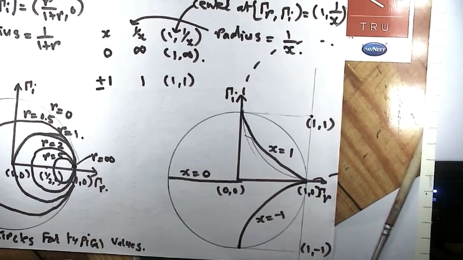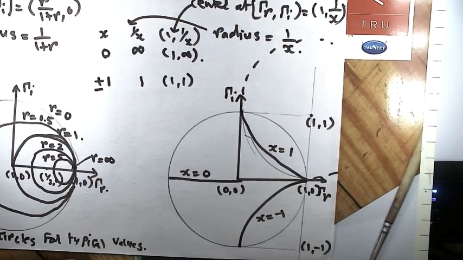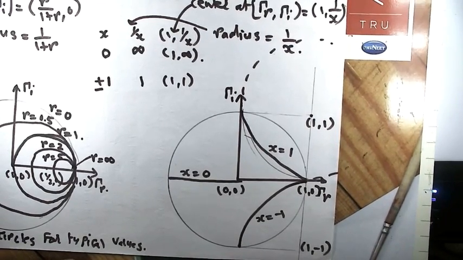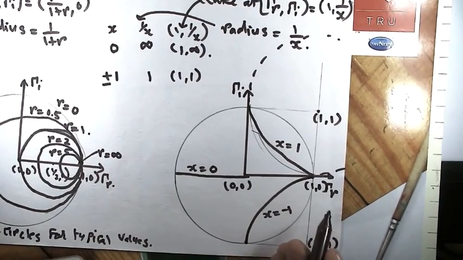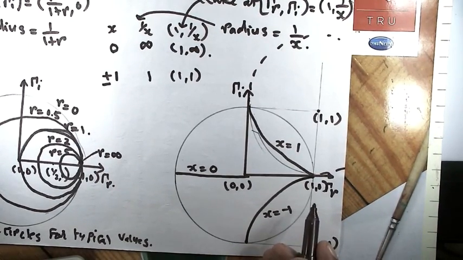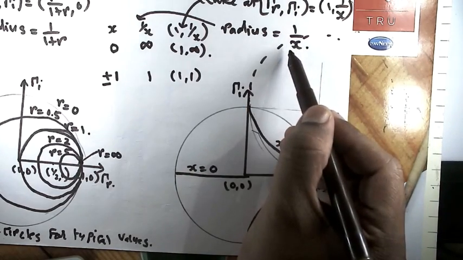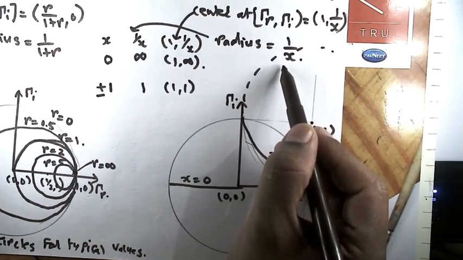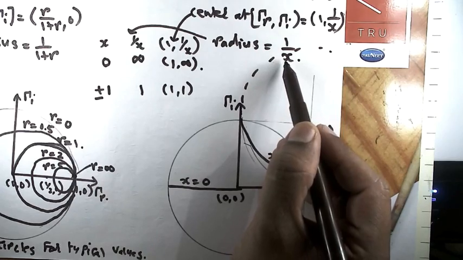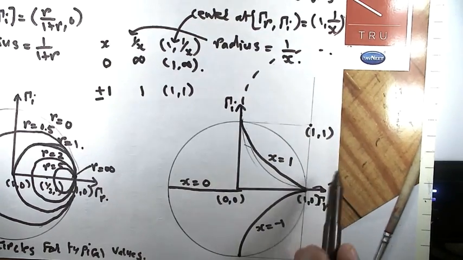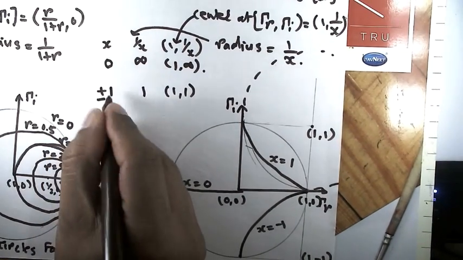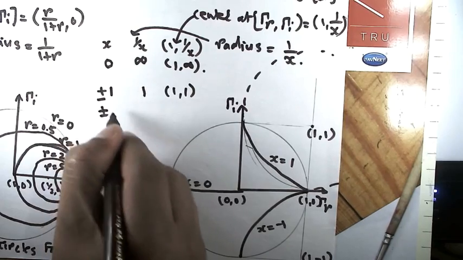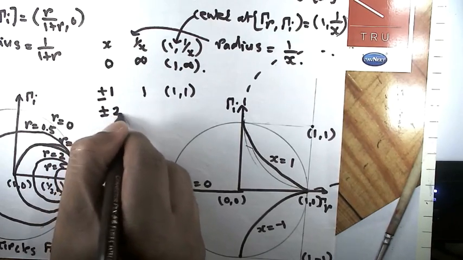You can see that if I increase the values of this x, the circle radius becomes as small as you increase x, and it will concentrate once again towards the point (1, 0). So let us take another sample value, for example x equal to plus or minus 2.